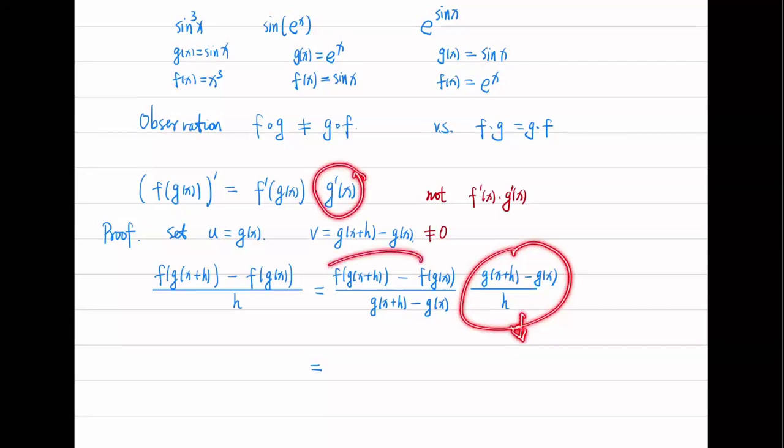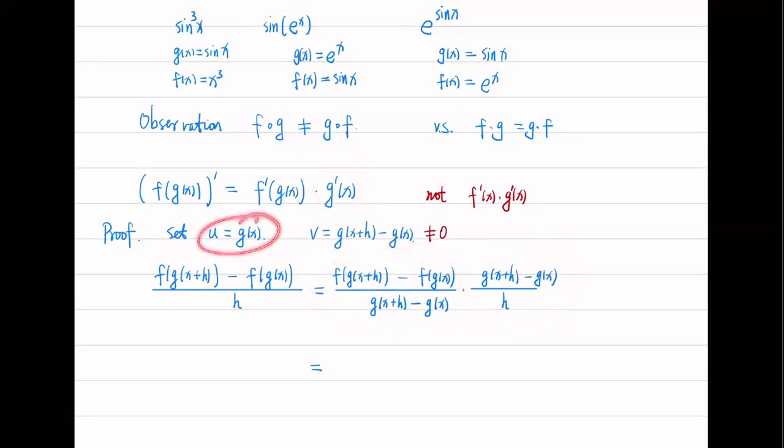But for the first one, I will use the new notation we have introduced. u will be g of x, this will be v, and this will be u plus v.